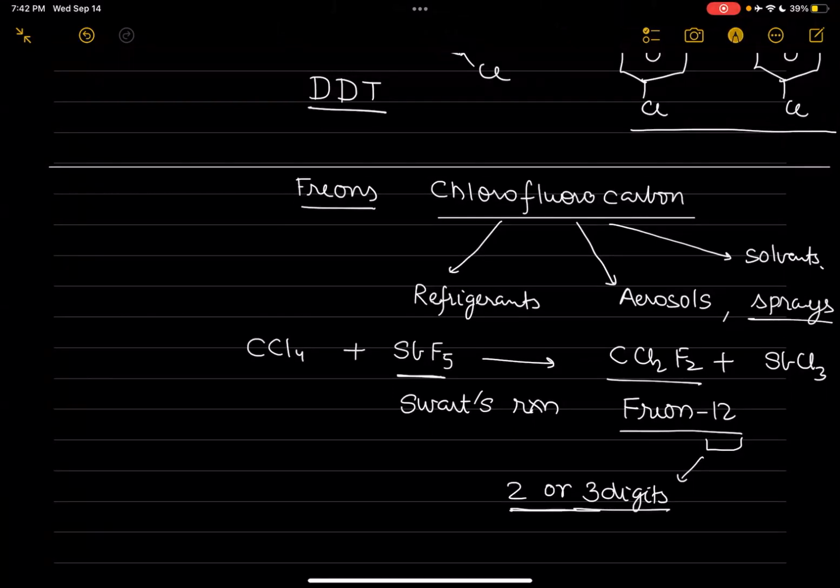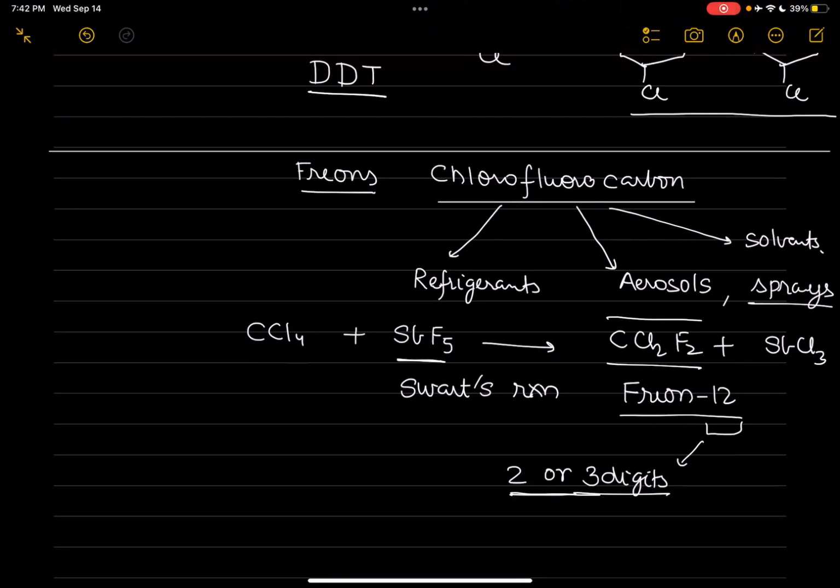These qualities, they get converted to gas very easily, and they develop a pressure. So that's why when we press the deodorant, it comes out with pressure. So this is the common use of these freons.